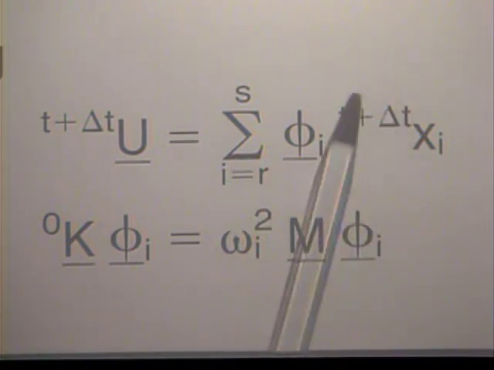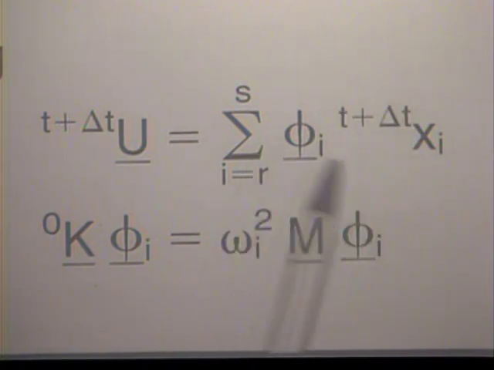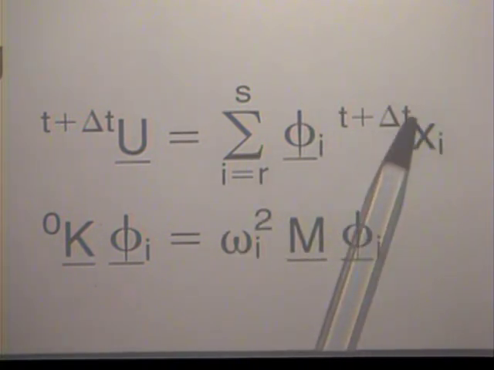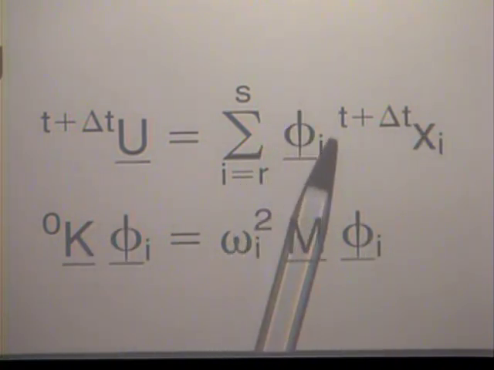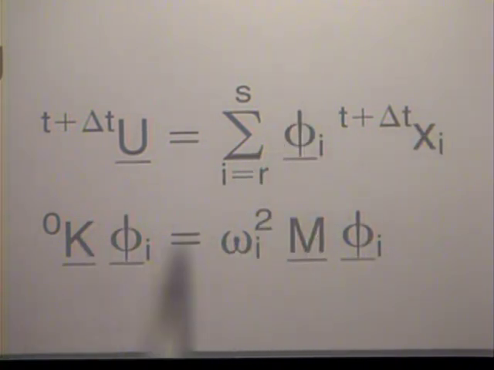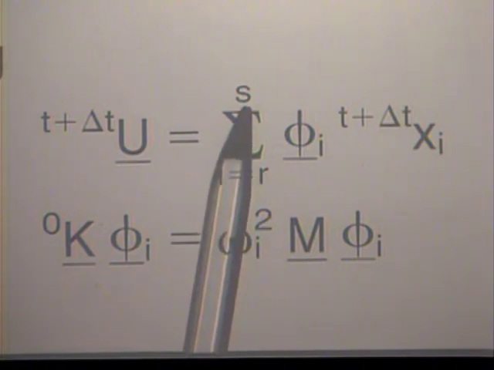Of course, in linear analysis we usually do not put this t plus delta t up there. It's understood that the time dependency is in xi, but the space dependency is in phi. And notice we are summing here from R to S. R would have to be selected by the analyst, and S the same way.